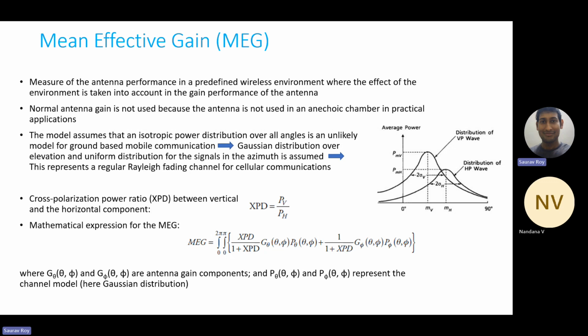So this represents a regular Rayleigh fading channel for cellular communication. It assumes a Gaussian distribution only for the elevation plane, not for the azimuth. In the azimuth plane, we have a uniform distribution. So P theta will have a Gaussian distribution and P phi in the azimuth plane will take a uniform distribution. That is how we calculate this mean effective gain.